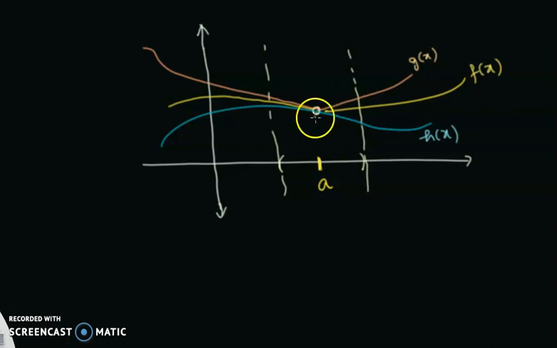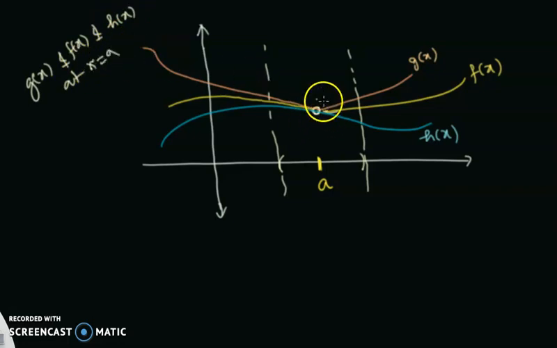G of x might not be less than or equal to f of x, or h of x, at x equal to a. This might not hold at a, but it should hold near a, in the interval. There should be an interval over which this relation holds.